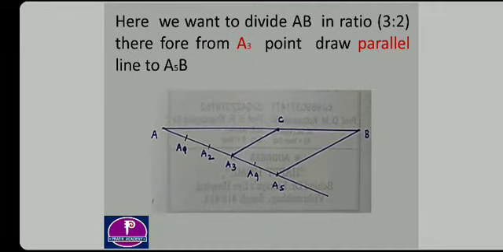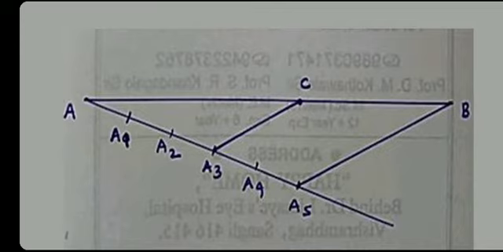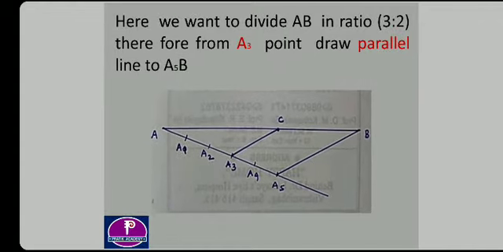For that purpose I will take point A3, because we want ratio 3:2, and from point A3 draw a line parallel to line A5B. This line intersects segment AB at point C.